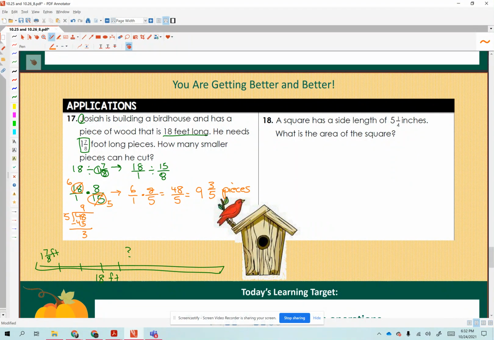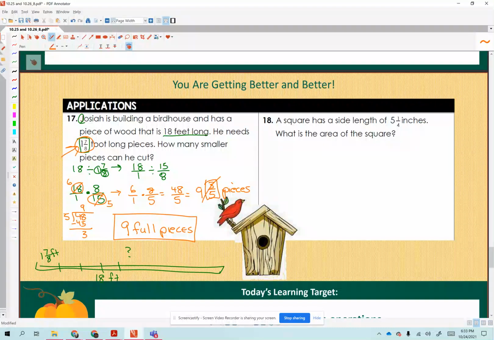Now, this is a tricky problem. How many smaller pieces can he cut? He can cut 9 pieces that are the full length that he needs. So it's really 9 full pieces, because the 3/5 of a piece, he can't use that. He needs the full length of 1 7/8 feet.